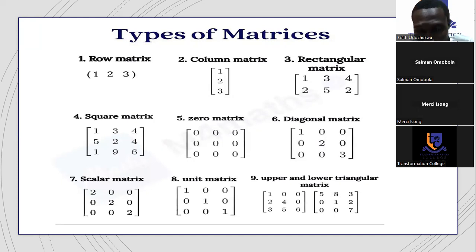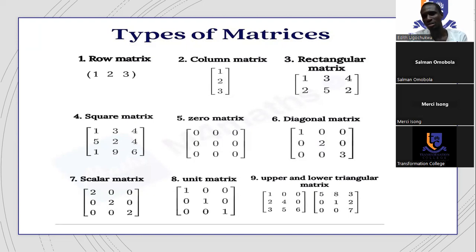Now, diagonal matrix. You look at it: there is what we call the major diagonal, and there is what we call the minor diagonal. Your major diagonal is in this example of a diagonal matrix you can see on the screen. You can see 1, 2, 3 at that diagonal.